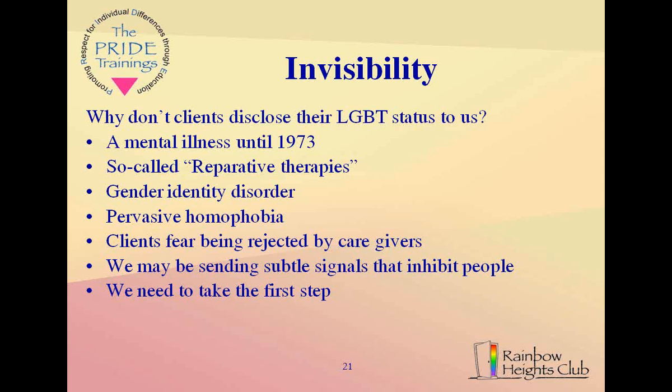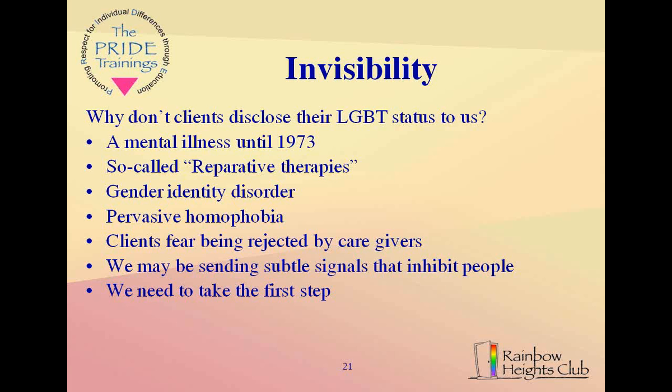Also, our clients know that pervasive homophobia is a part of our culture that we all grew up with, just like racism and sexism and misogyny. When I was a kid, the worst thing you could call somebody on the playground was faggot or dyke, and I don't think that has changed at all.